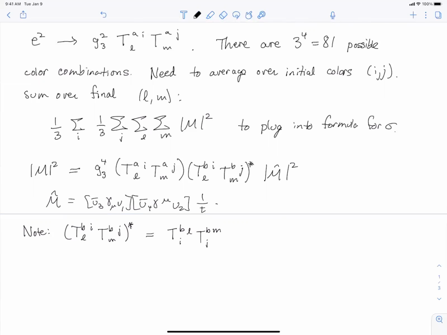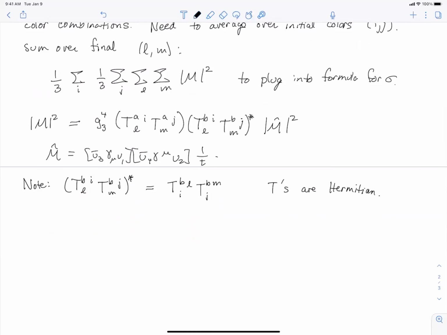Why is that? That's because the T's are Hermitian. That's a crucial fact. And so that means if I take the complex conjugate and the transpose, I get back the same thing. So here I'm taking the complex conjugate, so I know I can rewrite that in terms of the original T's. If I take the transpose, which means interchange i and l, that's what I did here, and interchange m and j, that's what I did here. So in any case, that's an identity.